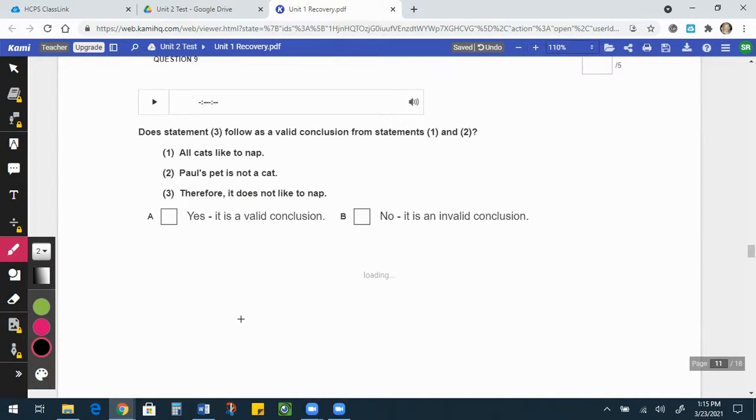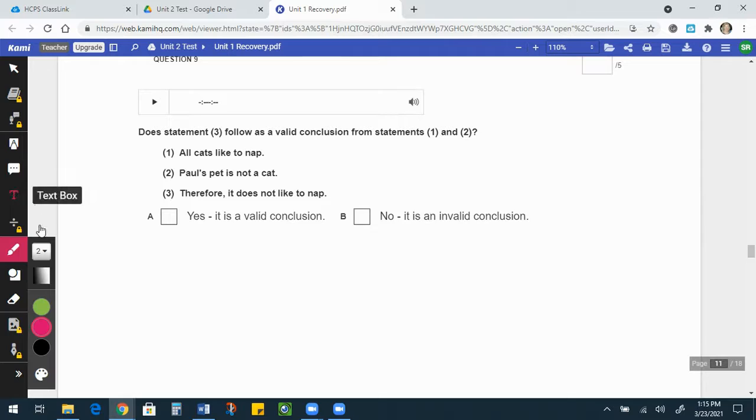Question 9. Does statement 3 follow as a valid conclusion from statements 1 and 2? Y'all, this is just another way to say, is this a valid argument? So we're going to keep marking our P's and our Q's. All cats like to nap.